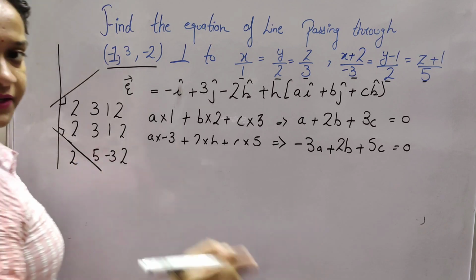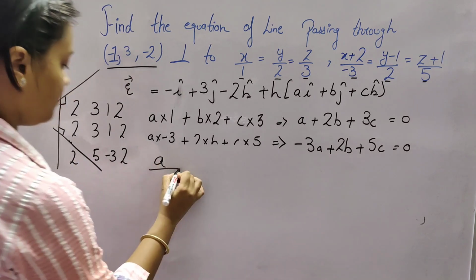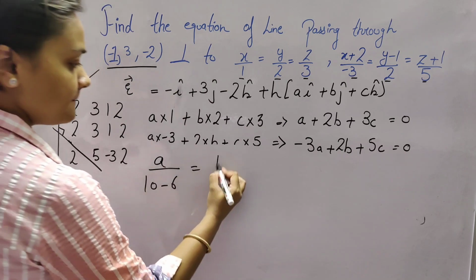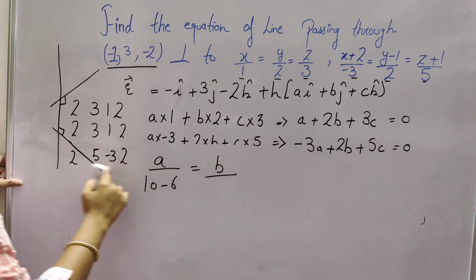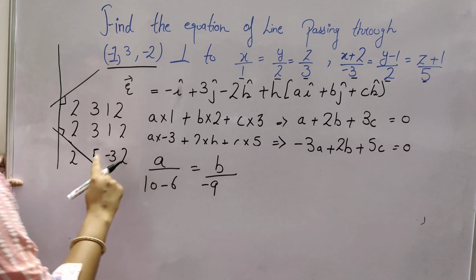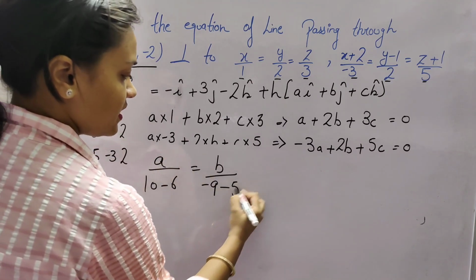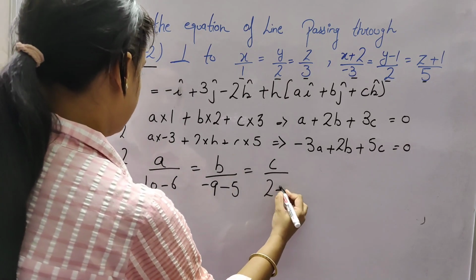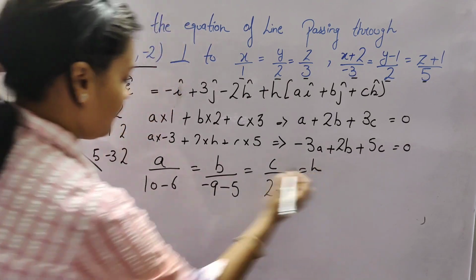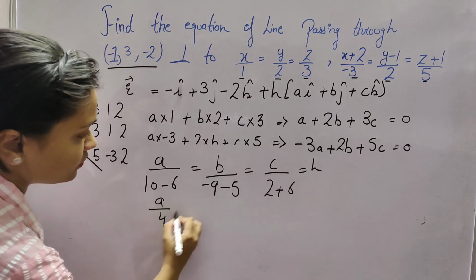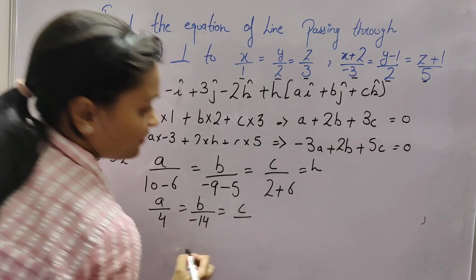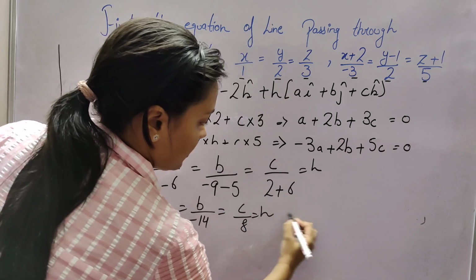Writing this, A upon 5 2s are 10 minus 6, B upon 3 3s are 9 minus 5, C upon 2 plus 6 equals alpha. So the values come A upon 4, B upon minus 14, C upon 8 equals alpha.